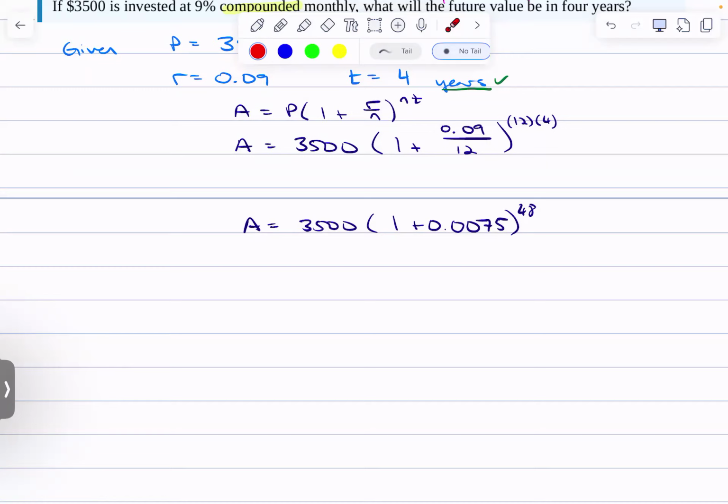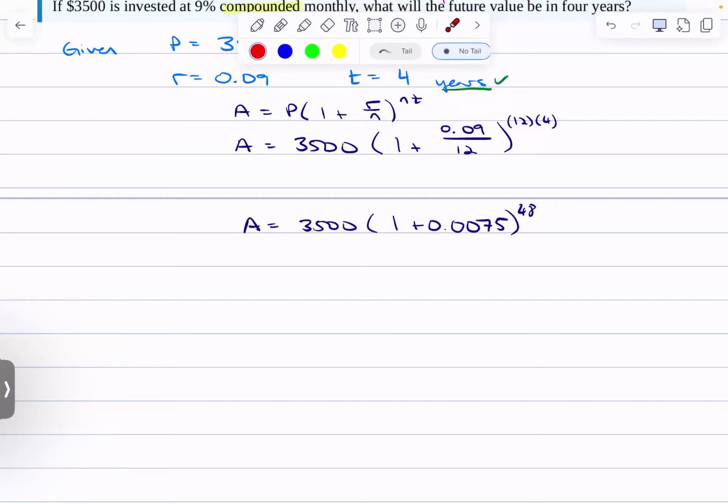People get really upset when you round with their money, right? And so you have to overpay or you don't get paid enough. Keep all your decimal places. It's especially important for money.